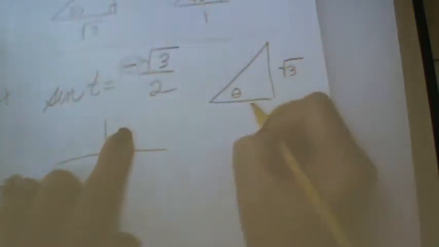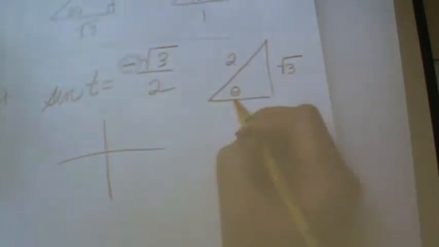So you have to pretend, okay, I'm going to ignore this negative. What angle measure is the side opposite over the hypotenuse √3/2? What angle am I? You're playing Kahoot. What angle is this? Quick. 1. That's completely wrong. 60.